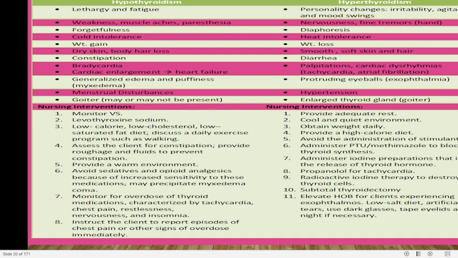Ladies and gentlemen, you can see goiter can result from either hypothyroidism or hyperthyroidism, together with the hair loss that we have already mentioned.